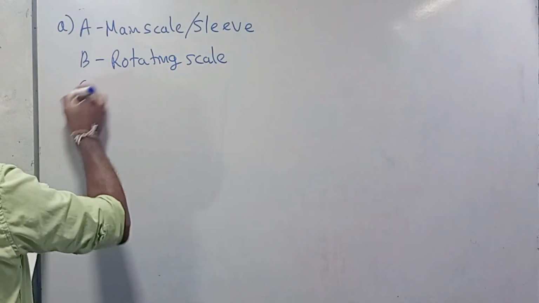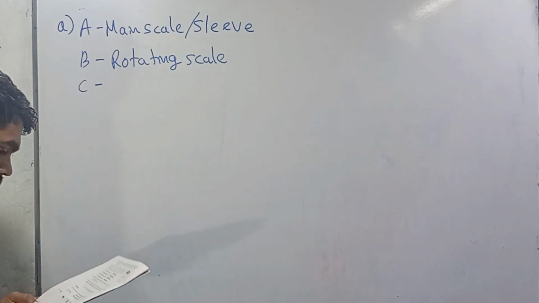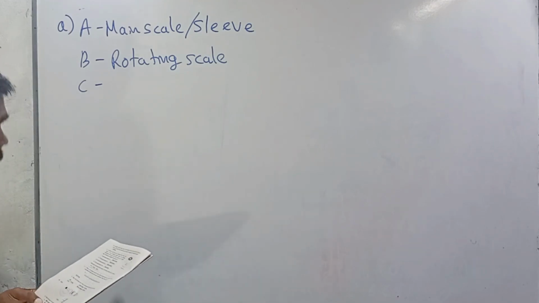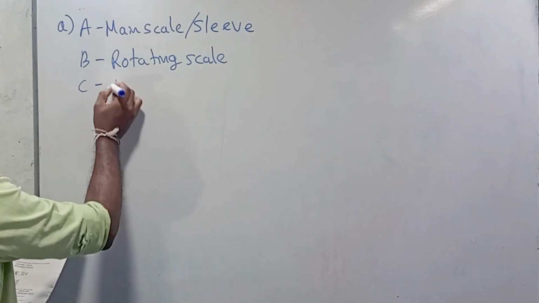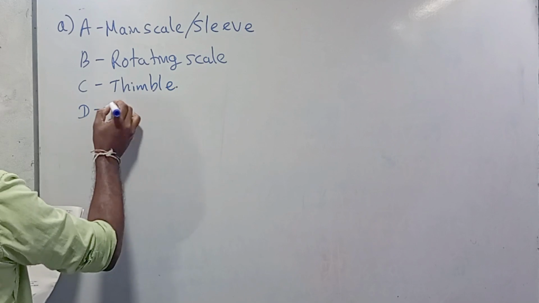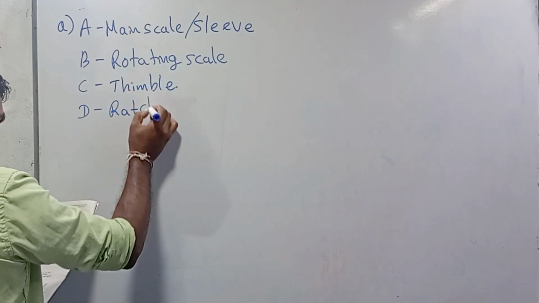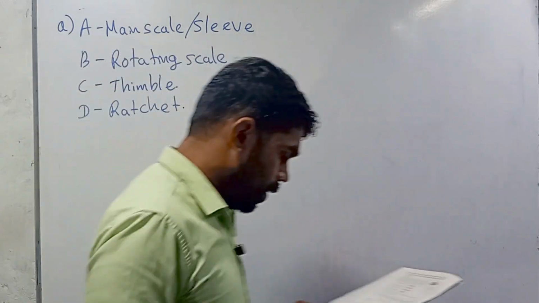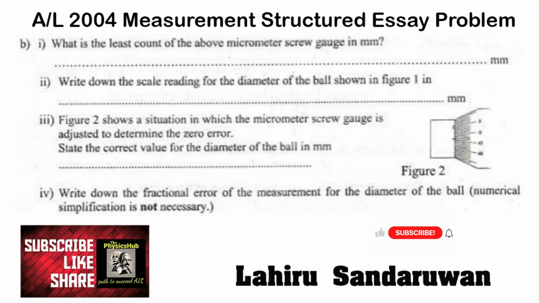Or you can write circular scale, but the perfect answer is rotating scale. C, thimble. D, ratchet or thimble head.